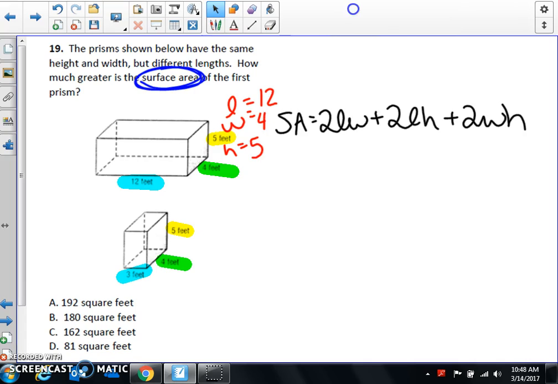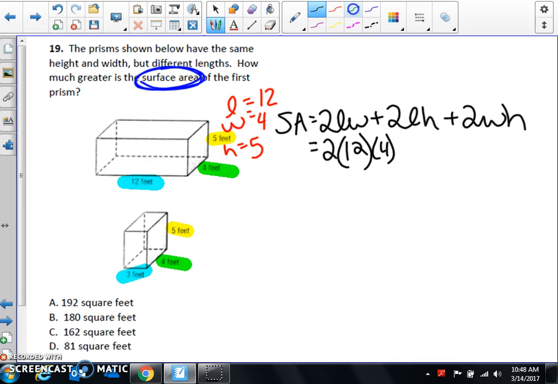So now I just plug in. 2 times 12 times 4 plus 2 times 12 times 5 plus 2 times 4 times 5. Now I chunk it up into 3 separate problems.